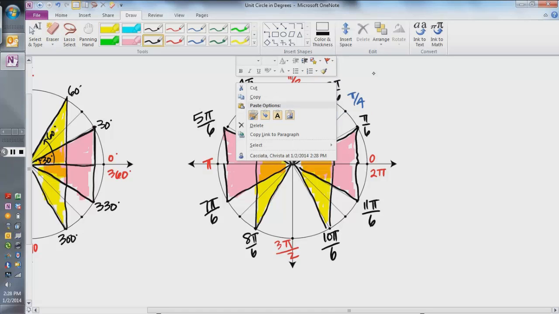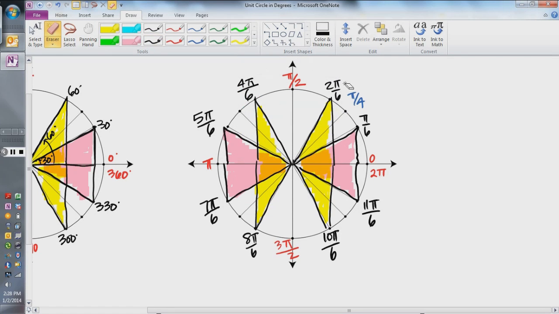So I'm going to write this as pi over 3. 4 pi over 6, that reduces to 2 pi over 3. 8 pi over 6 reduces to 4 pi over 3. And 10 pi over 6 reduces to 5 pi over 3.